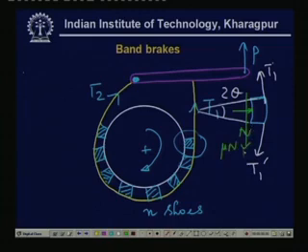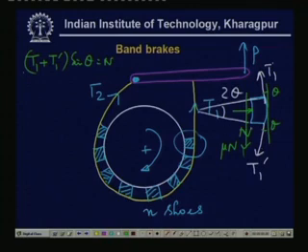So, if you write down the force balance equations, then you get the following. T 1 plus T 1 prime times sin theta is equal to n. You see that this angle is almost theta. So, therefore, the components T 1 sin theta and T 1 prime sin theta will add up to n, and T 1 minus T 1 prime times cosine theta will be equal to mu n.